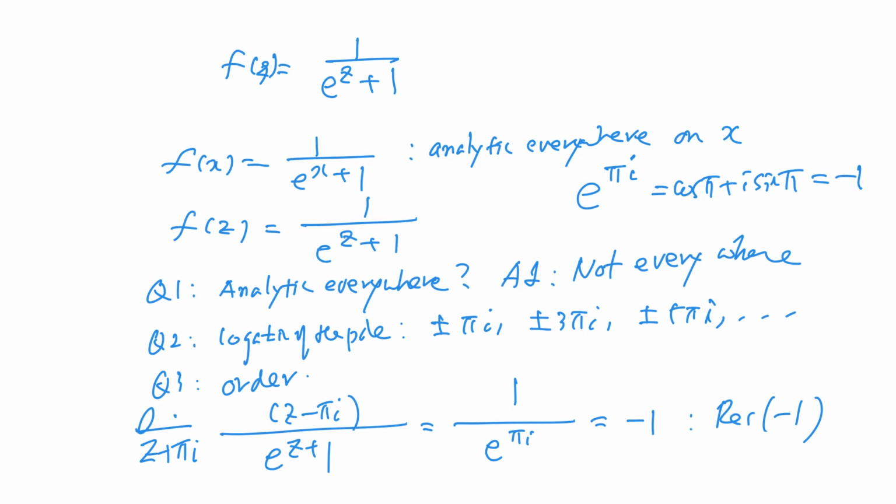But this function is continuous and differentiable everywhere except when z becomes pi i, right? So it does have a simple pole. Yes? When you mean analytic, you mean continuous everywhere? Continuous.